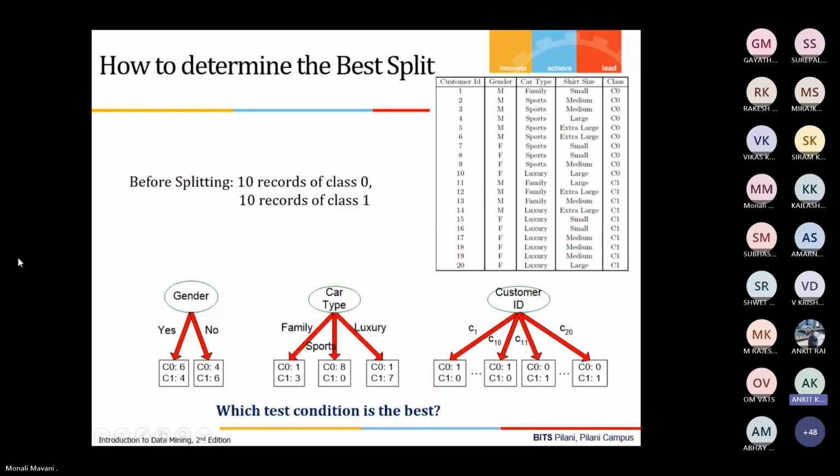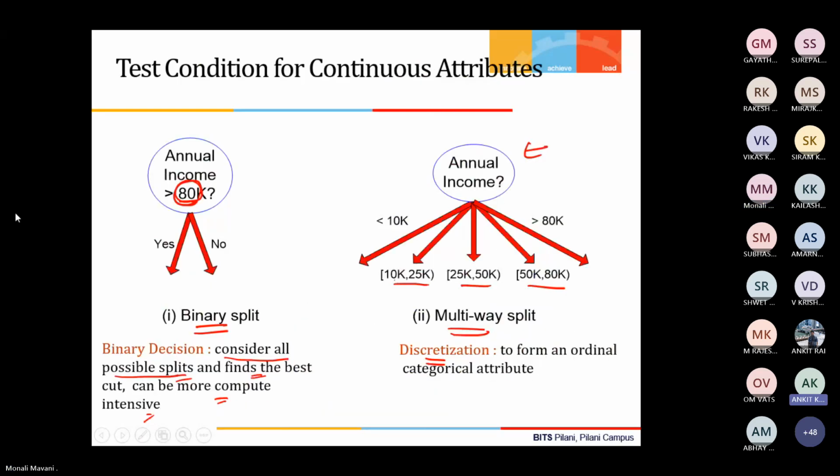Can you go back to 10,000, 25,000? The bracket is different, one side it is closed and the other open. So if 25,000 is the annual income, it should go in the first criteria, correct? This is included, this is excluded. Yes, this is excluded, then it will be included here.